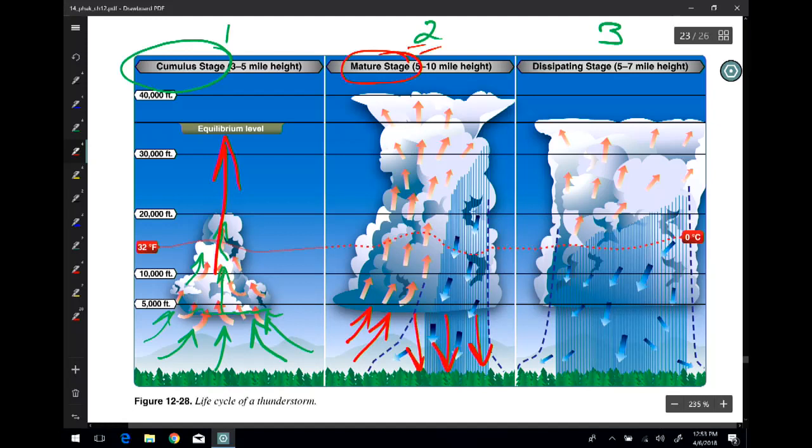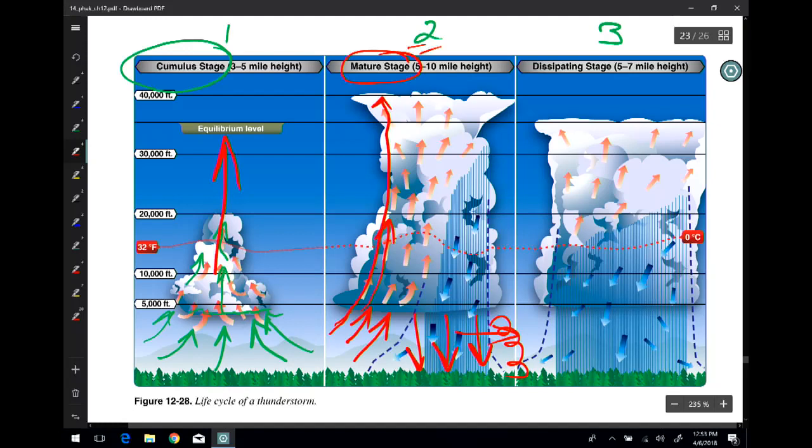You can also have a gust front that can precede this if the movement is west to east, which is the way most of these go. So what happens is you have this air that gets sucked up higher and higher and higher, and you can see right here they're showing 40,000 feet. I'm telling you that these things can get bigger than that, a lot bigger. So you can see that this air gets cooled and it gets sucked up here.